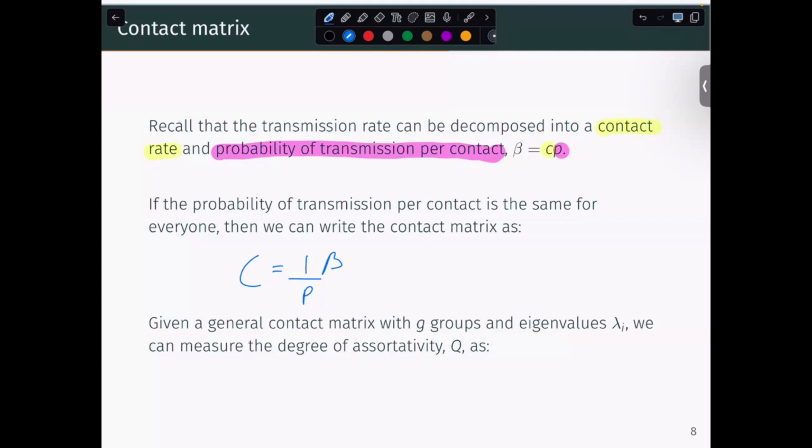So that's just like taking this equation here. And if we also divide this by the baseline contact rate C, that's going to give us a matrix that tells us something about the proportion of contacts and where those contacts occur.